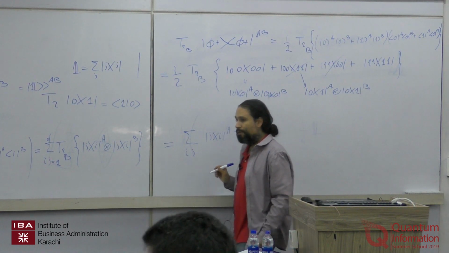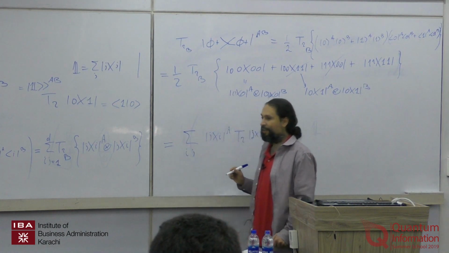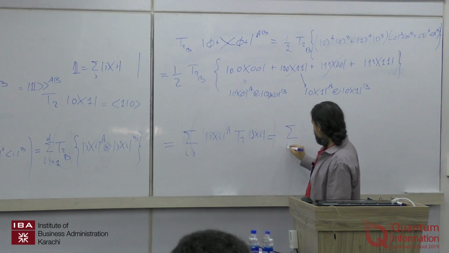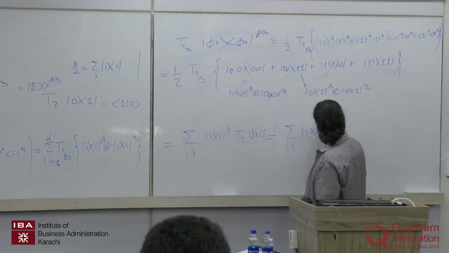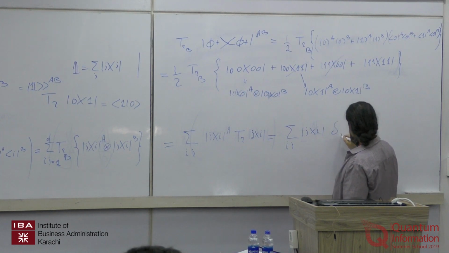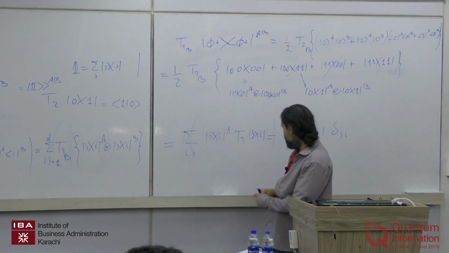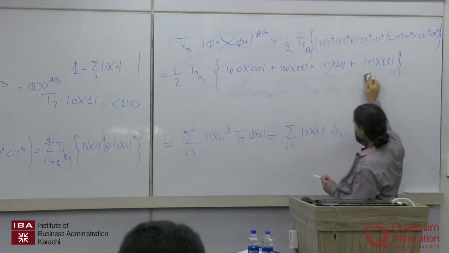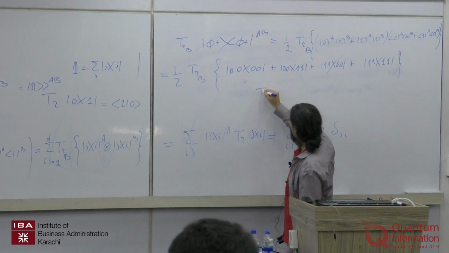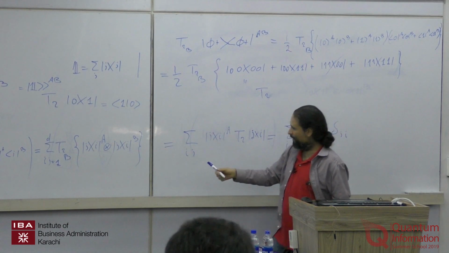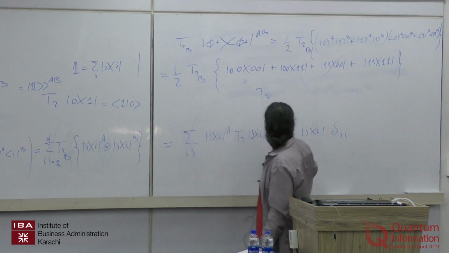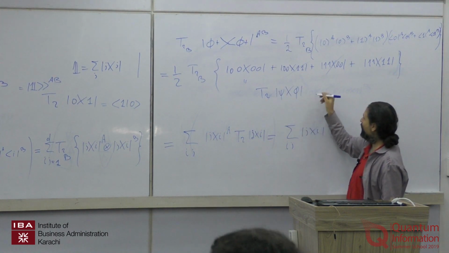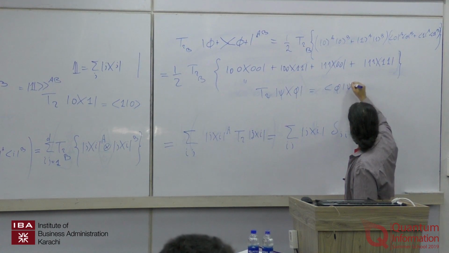Can you replace it with the Kronecker delta? Yes, I can. Everybody can. So sum over ij, |j><i|, delta ji. And again, why is it the case? Because as we said before, when you take the trace of something that is just a ket times a bra, this is a completely general rule that we have seen. Well, you can see it faintly here, but you can see the graphical proof there. If you take the trace of |psi><phi|, this is equal to the scalar product of phi with psi.